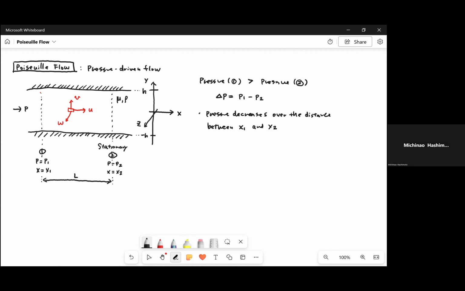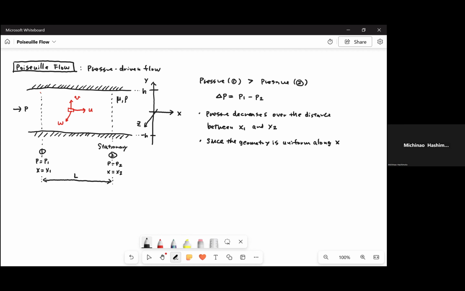Then this is more like an interpretation here. Since the geometry is uniform along x, it doesn't suddenly become wider or narrower.